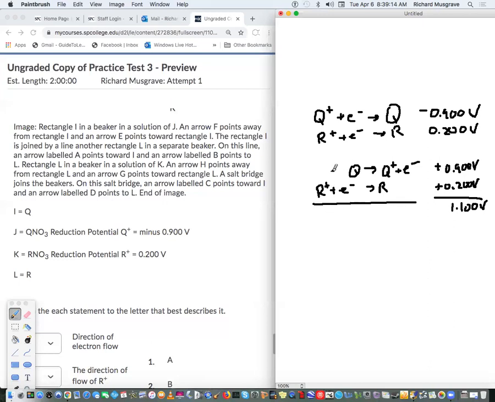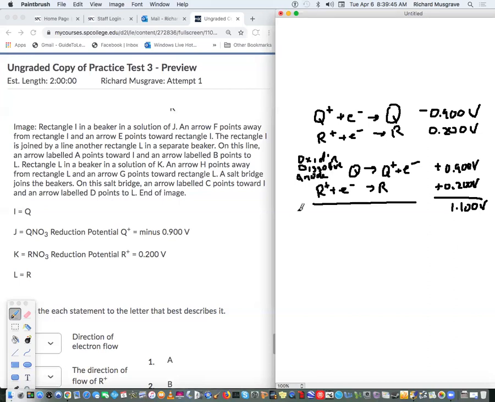So when we're looking at the reactions themselves, we can classify them. The first one is an oxidation, because the electrons are on the product side, they're being given away. The situation is that it's dissolving. The Q is turning into Q plus. And the other thing we know is that it's the anode, because that's where oxidation occurs.